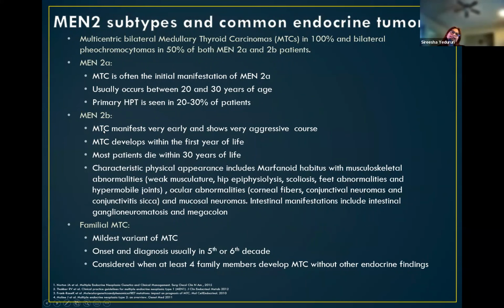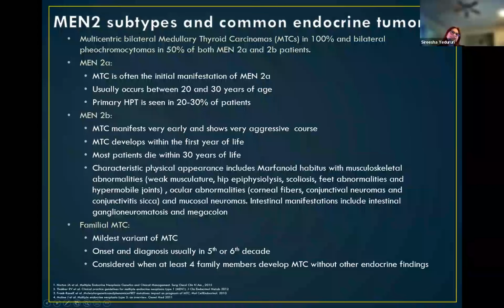In MEN2B, the medullary thyroid carcinoma manifests very early and shows a very aggressive course. It develops within the first year of life, and most patients die within 30 years if not treated.